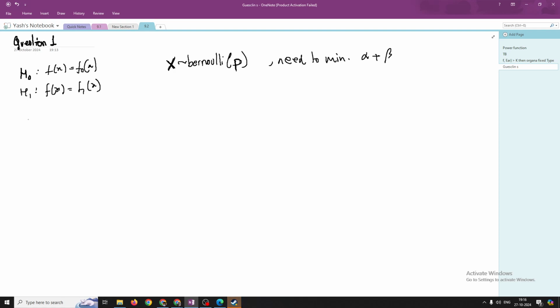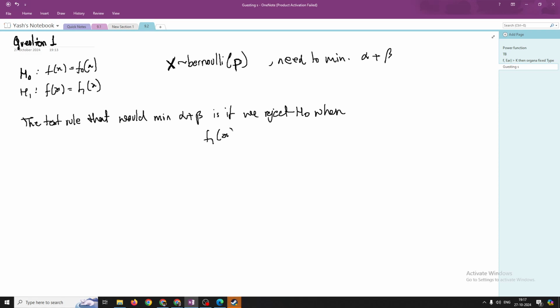So the test rule that would minimize alpha plus beta is if we reject h naught when, what does my first result say, when f1 of x by f naught of x should be greater than a by b.